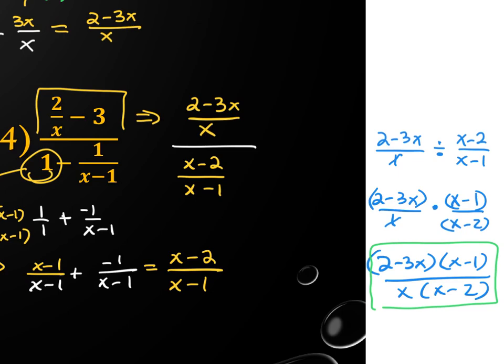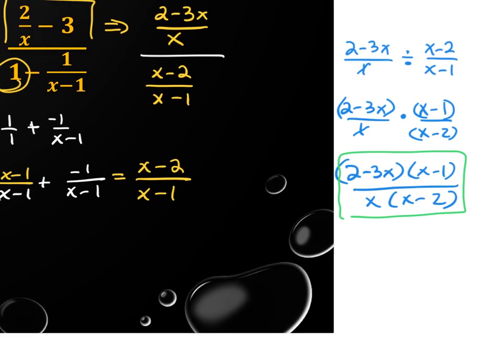So when you go to check your answers in the homework, if this were a question in the homework, their answer would be the top foiled. So if I go ahead and just do that to show you that there are other options here. If I FOIL the top, I get -2 minus 3x squared plus 3x.